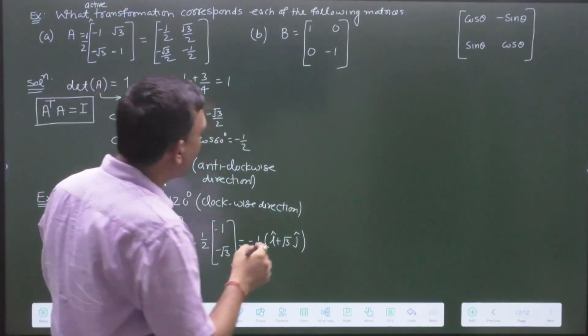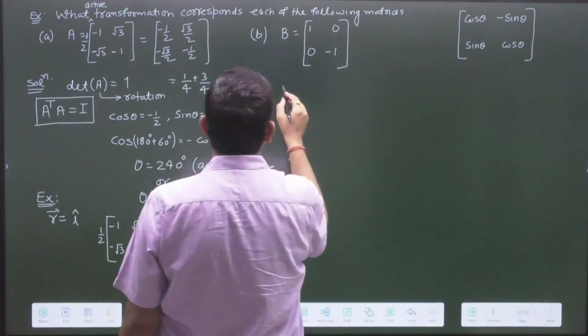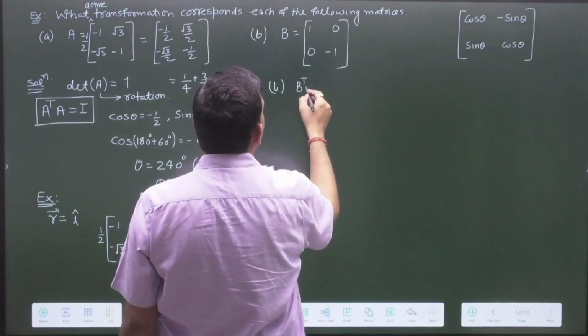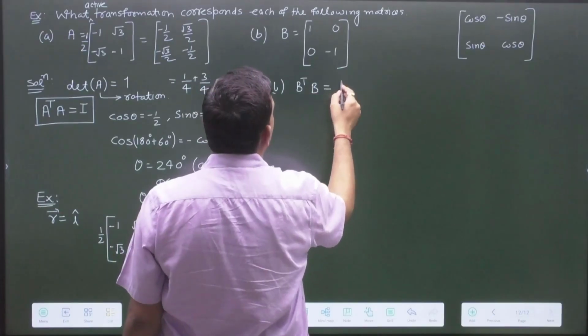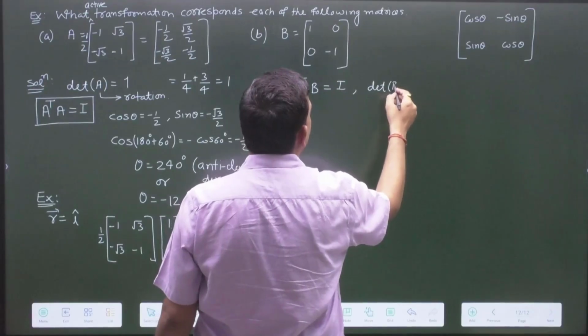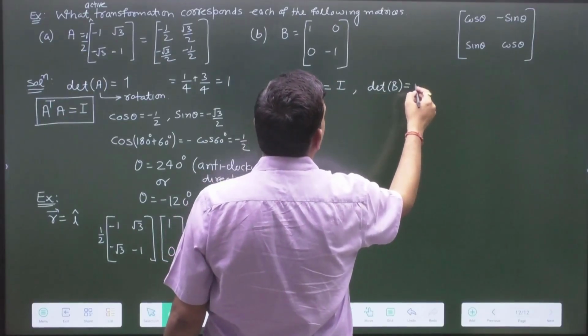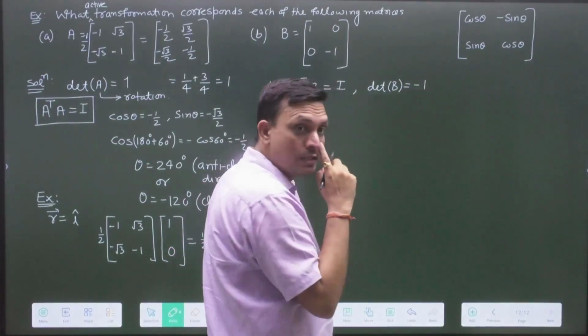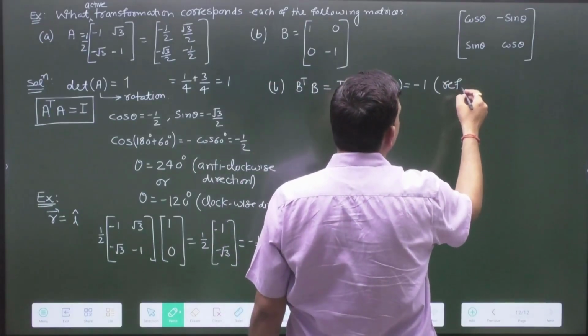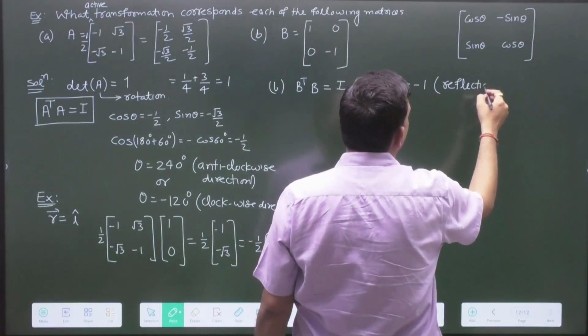So this is an orthogonal matrix. So B transpose B is identity, and the determinant of B is minus 1. So this corresponds to reflection, a reflection through a line.